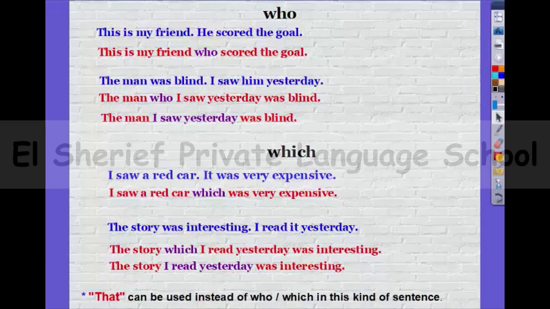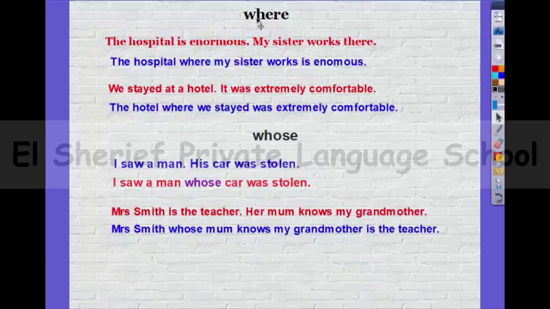The relative pronoun where. We said that we use the relative pronoun where to refer to places. Here is the first example. The hospital is enormous. My sister works there. So, of course, we're going to drop this full stop and we're going to drop there.